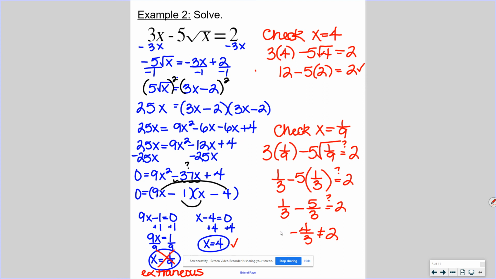So for this particular example, 4 is all you would type in on Delta Math. You would not type in 1/9 as an answer. It is possible that both of your answers are extraneous. If that's the case, just leave the answer box blank on Delta Math and submit it like that, because then the computer will read it as you mean there are no answers or no solution.